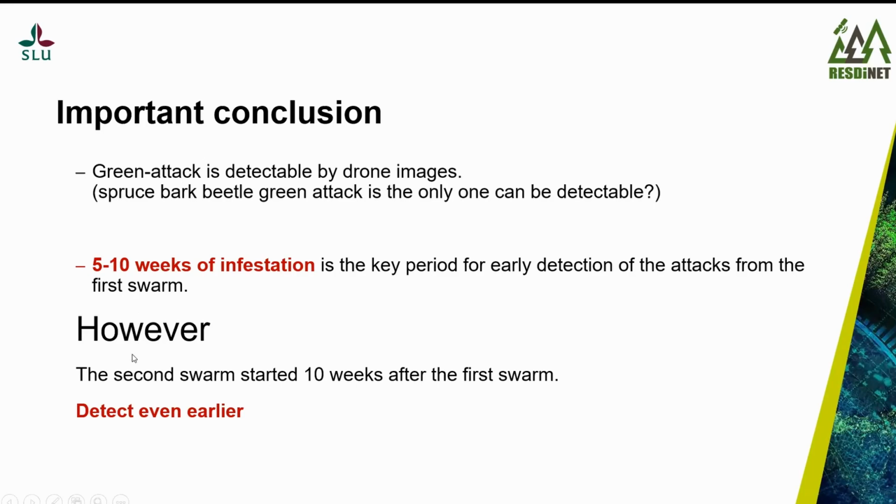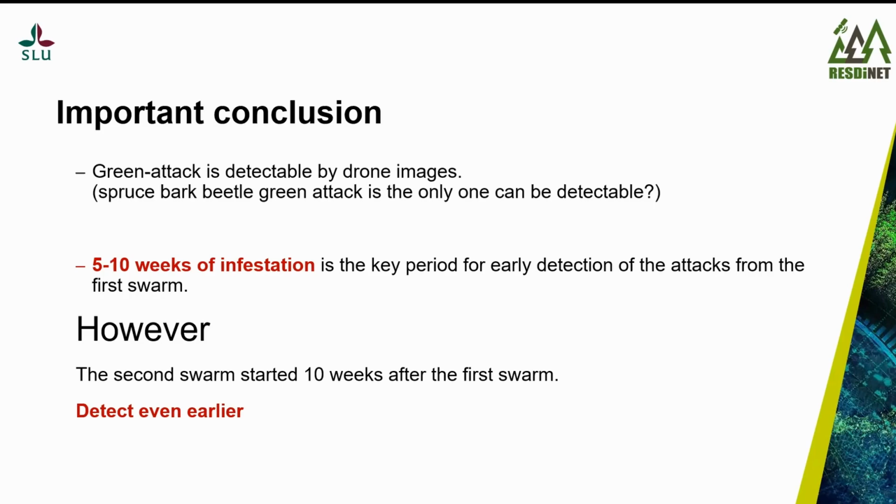Another important piece of information is that we observed the second swarm starting 10 weeks after the first swarm. So we conclude that 5 to 10 weeks of infestation is a key period for early detection. But at 10 weeks of infestation, the bark beetle has already left the bark.